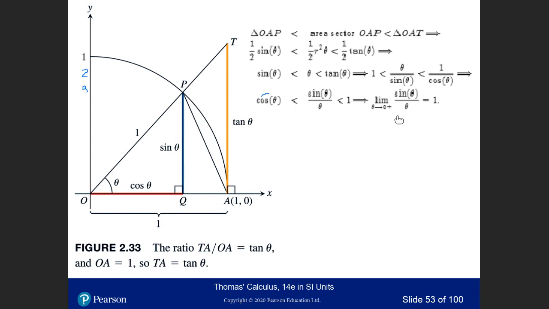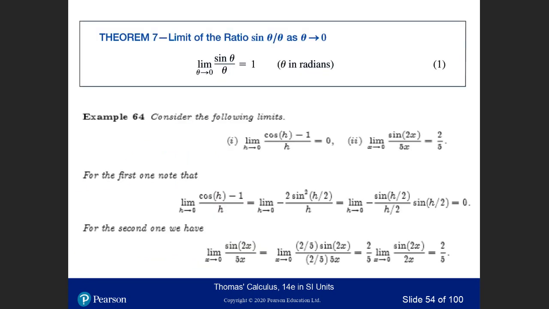So the limit as theta approaches 0 of sine theta over theta is equal to 1. This is a two-sided limit. We used the sandwich theorem to prove that sine theta over theta has limit 1 at 0. Let's continue.